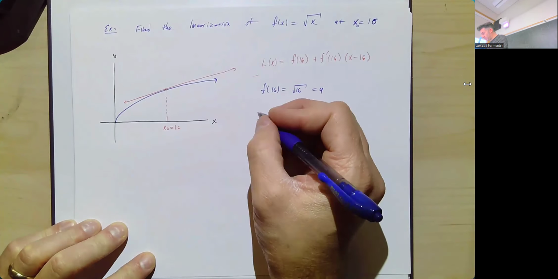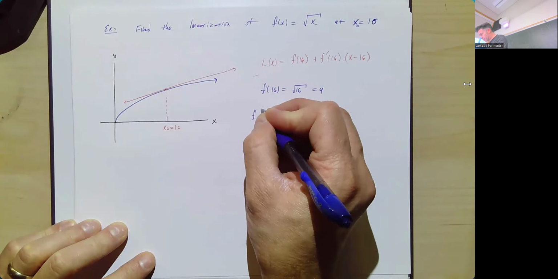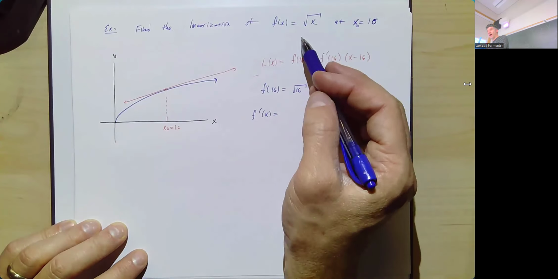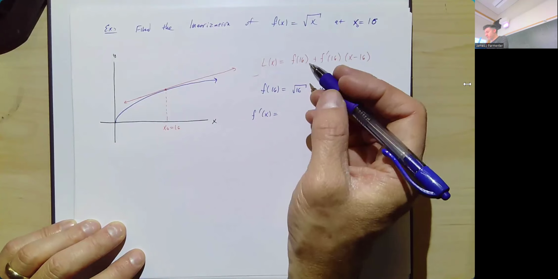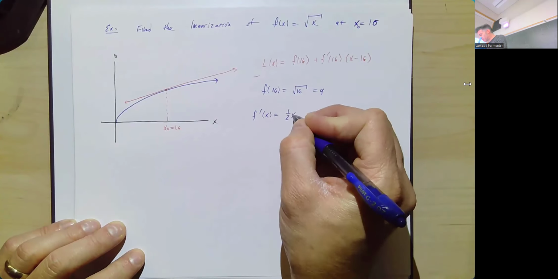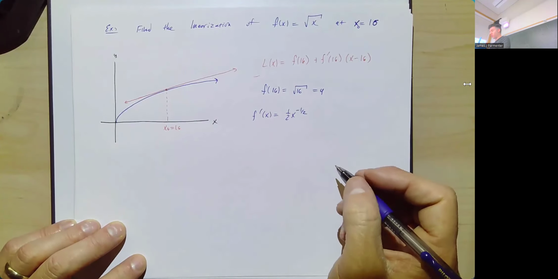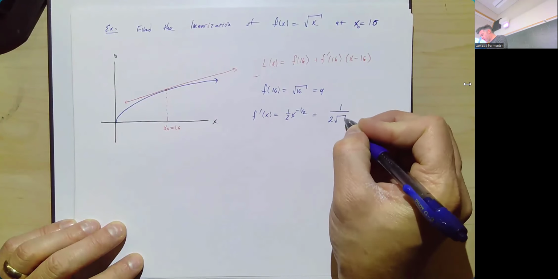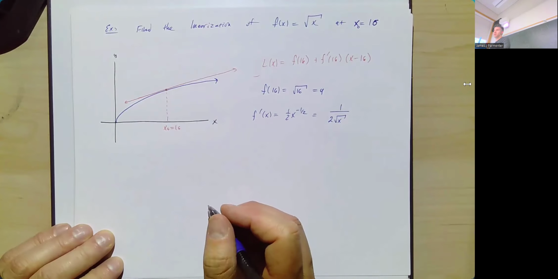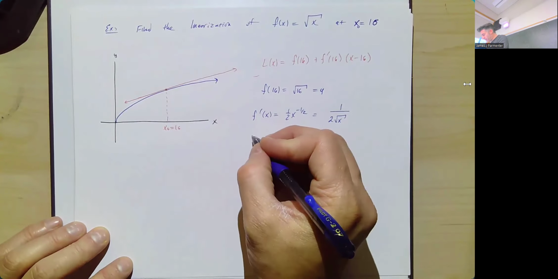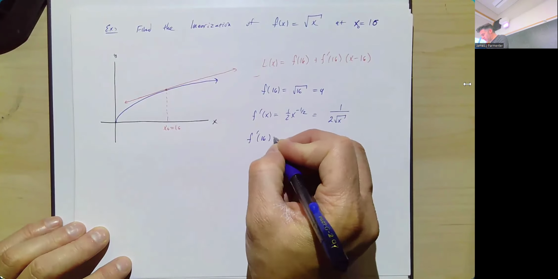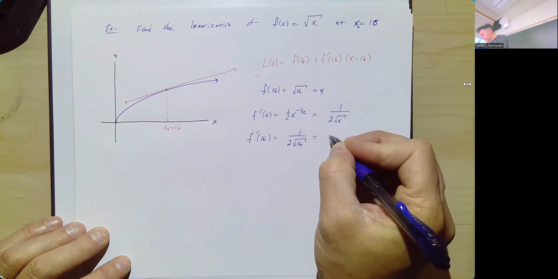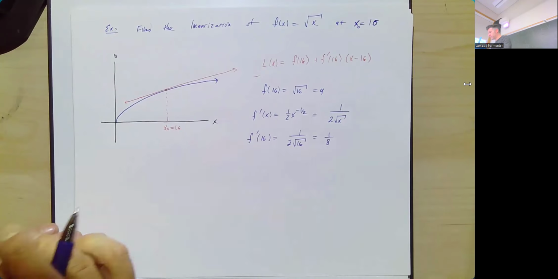And for f prime of 16, I need to find f prime of x. The derivative of x to the 1/2 is 1/2 x to the negative 1/2, or as I would prefer to write it, 1 divided by 2 root x. So f prime of 16 is 1 divided by 2 times the square root of 16, which is 1 over 2 times 4, which is 1 over 8.